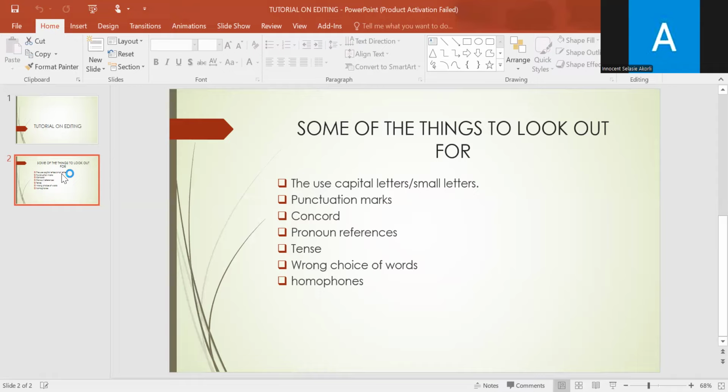There could be wrong choice of words, which could be linked to homophones. You see a word which sounds similar to another word, but you know this word is not supposed to be the correct thing to fit into the context.